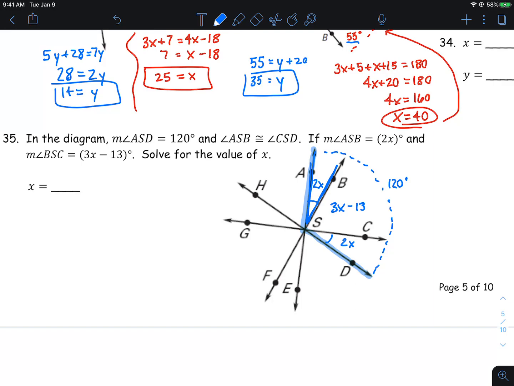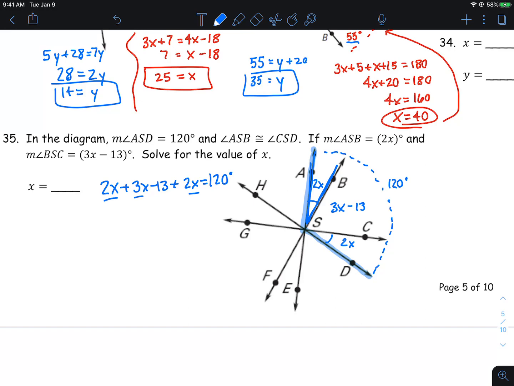Now, once you get all that, then you can say all three of these need to add up to 120. So you can say 2x plus 3x minus 13 plus 2x equals 120 degrees. And then you can combine your like terms.